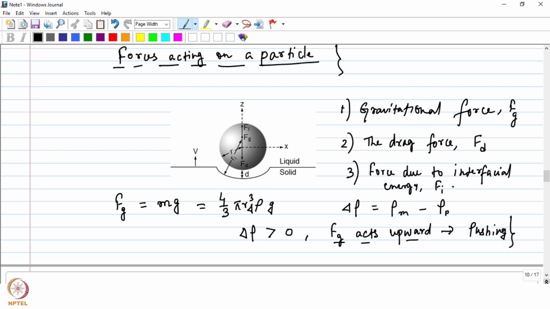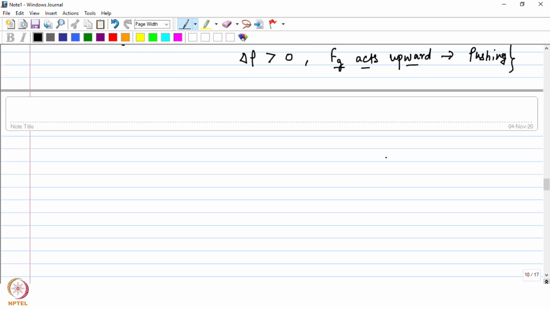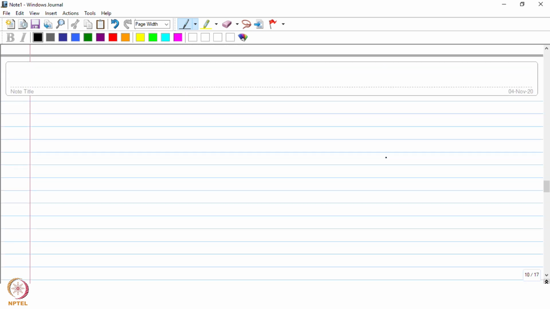Now let us come to the second one, that is the drag force. And that will be given by the Stokes law, as Fd equal to six pi eta V r, where eta is the viscosity of the melt.